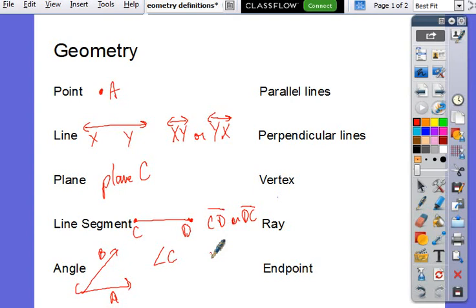BCA would be acceptable, and then ACB would be acceptable. Now, what has to happen when you're naming an angle if you do 3 letters? The vertex has to be in the middle. If you don't have the vertex in the middle, it's automatically wrong. But going back to the angle C part, if the angle is by itself, if there's only one angle that you're looking at, you can use 1 letter and you're done with it.